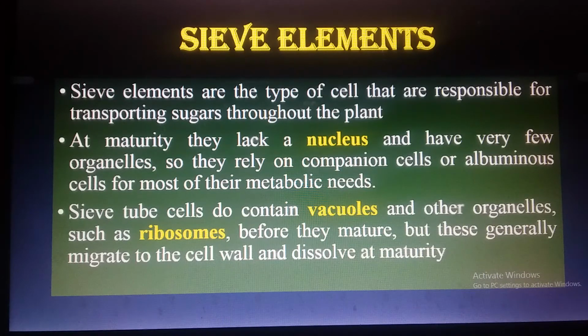A very important thing about the sieve tube is that at maturity, like tracheids, they lack a nucleus and have very few organelles, meaning they lose their protoplast elements at maturity. Sieve tube cells do contain vacuoles and other organelles such as ribosomes before they mature. But at maturity they lose all these things for the easy conduction of food.